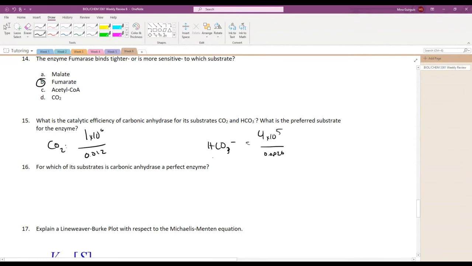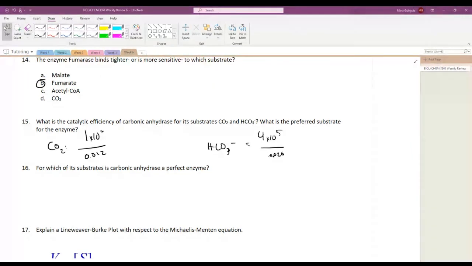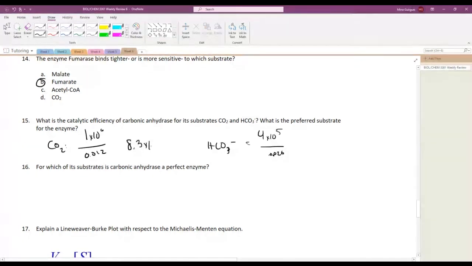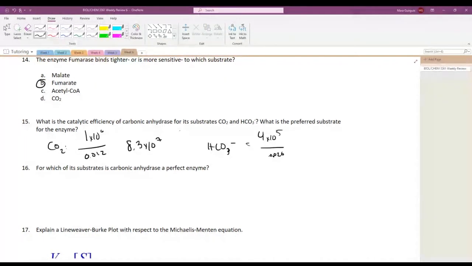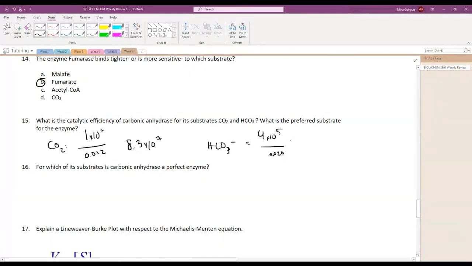So let's plug that into our calculator. And for CO2, we get 8.3 times 10 to the 7th. And for the other, we get 1.5 times 10 to the 7th.